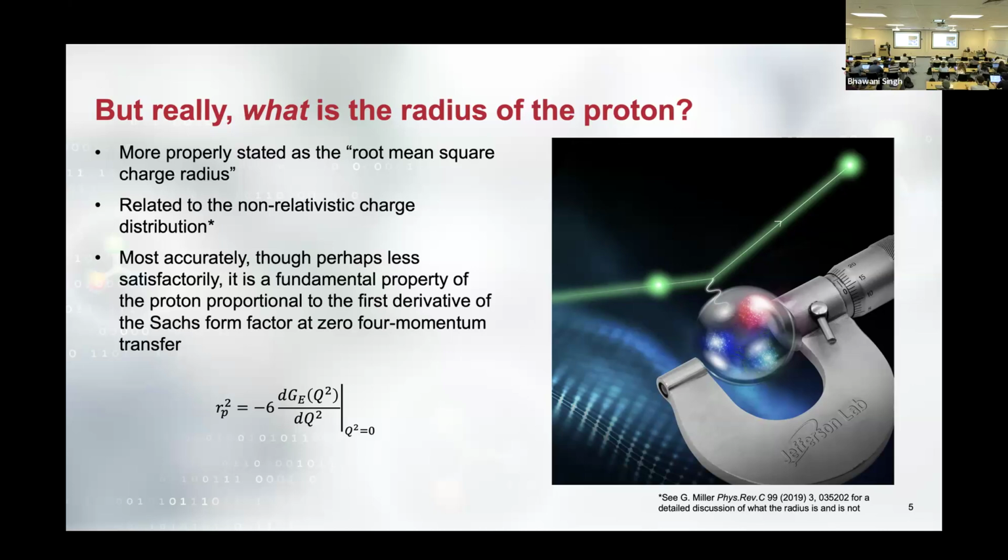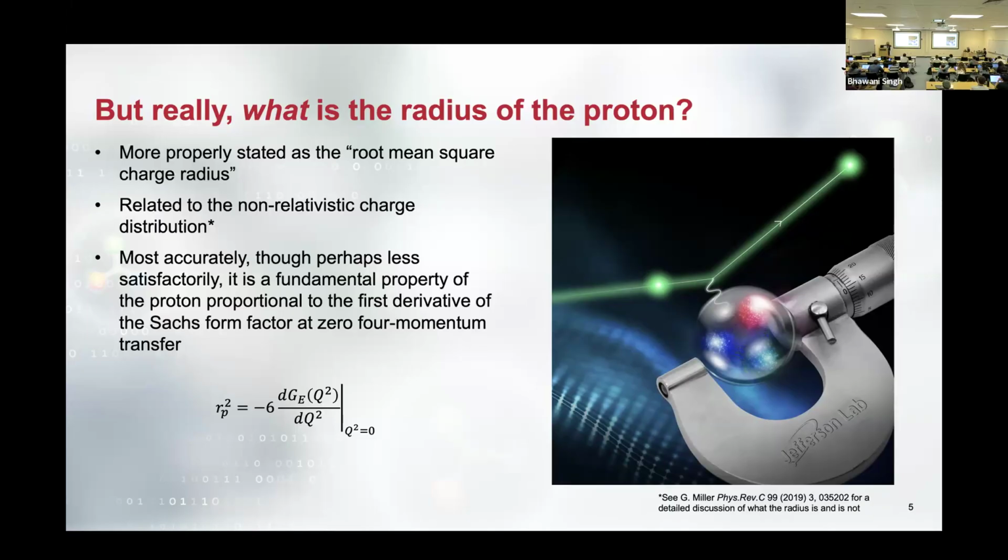I put here, if I can, there, that's the laser button. Referencing this paper by Jerry Miller that explains what it is and is not. Oftentimes we'll talk about it as being related to these transformations of the charge field and whatnot, and I'm an experimentalist, and experimentalists will simplify it, and the theorists will tell us when we're wrong.